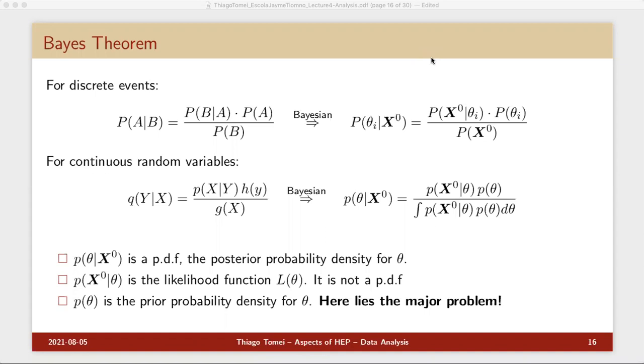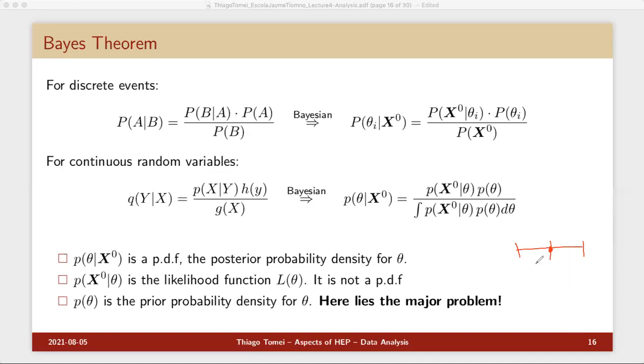When you say that the mass of the electron is such and such with such and such error, you really mean that you have a point estimate and a confidence interval.